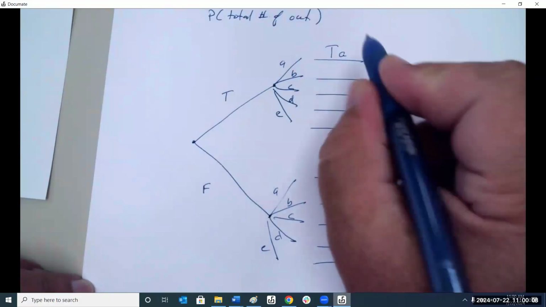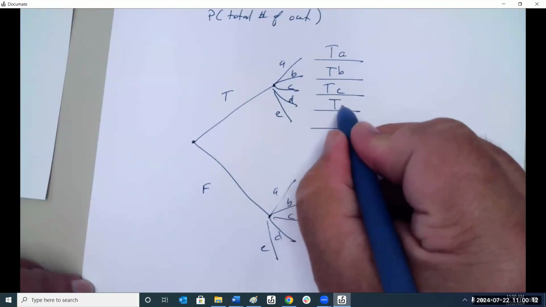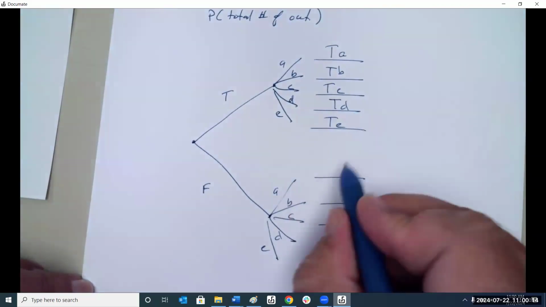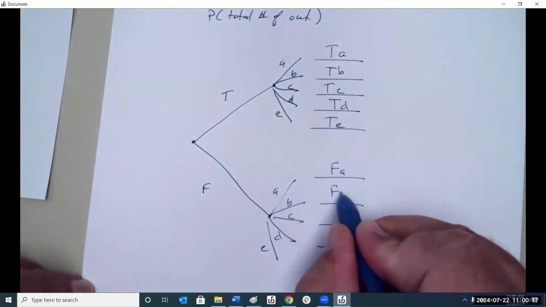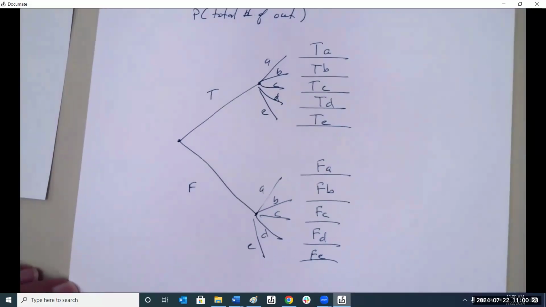They pick true then A, true then B, true C, true D, true E, false A, false B, false C, and false E.